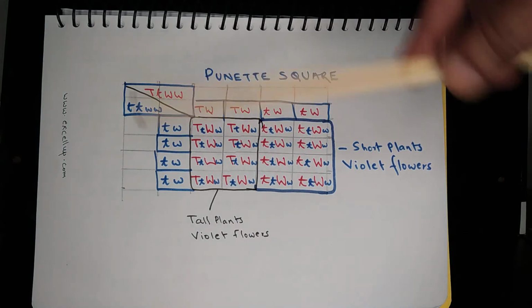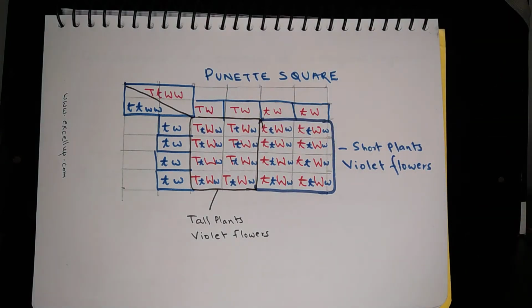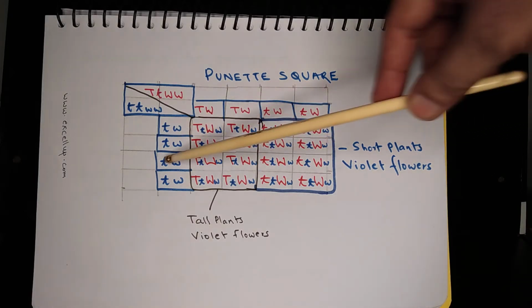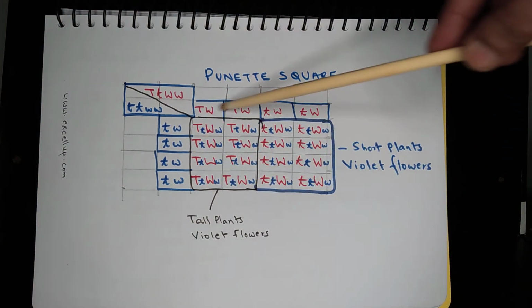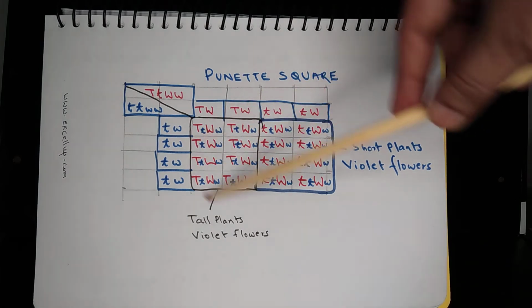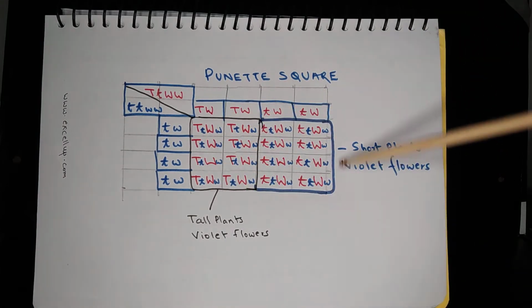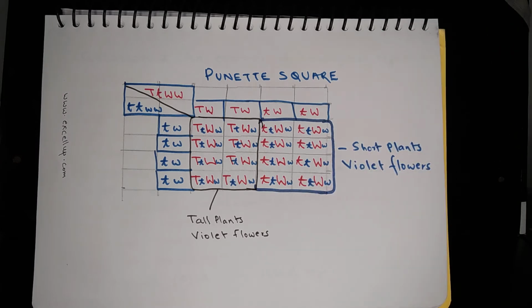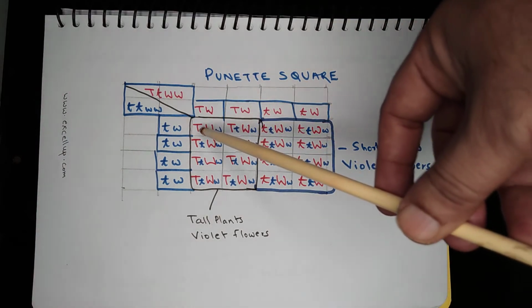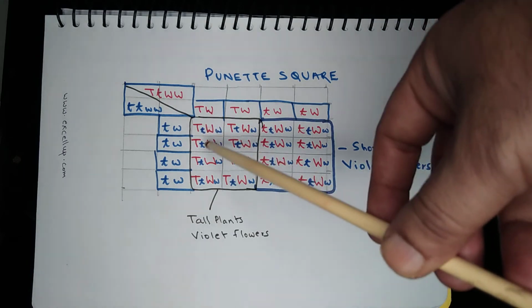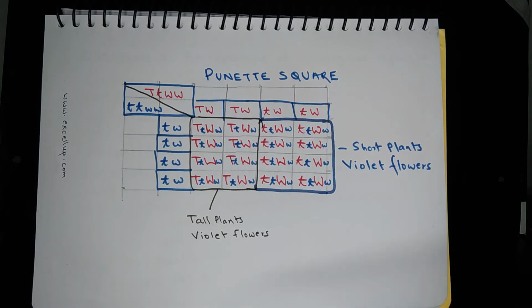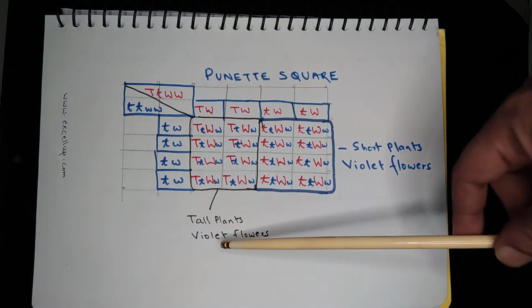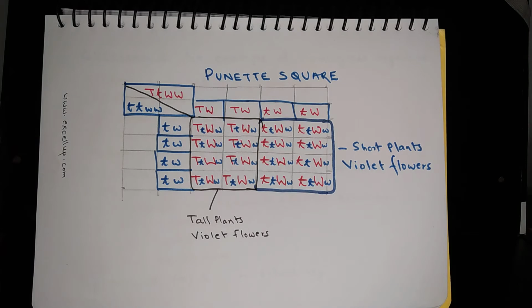Now after fertilization, the zygote will be formed, and the zygote will have these genetic makeups. You can see that half of these have the same genotype, and the other 50% have the same genotype. This is capital T, small t, capital W, small w. Since tallness and violet color are dominant characters, all these plants will be tall plants producing violet flowers.